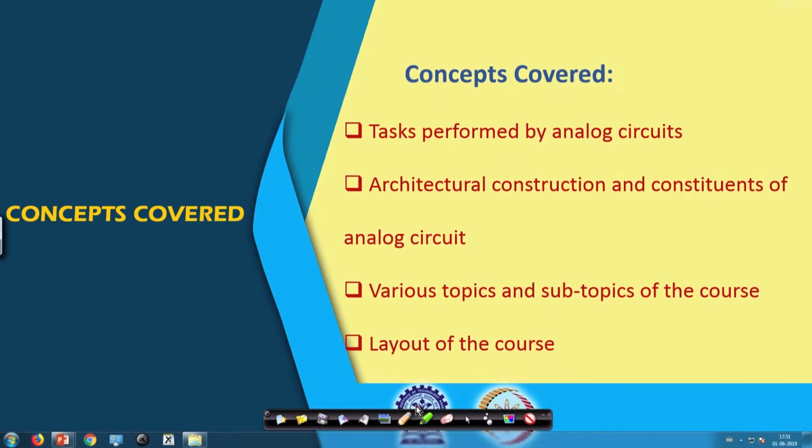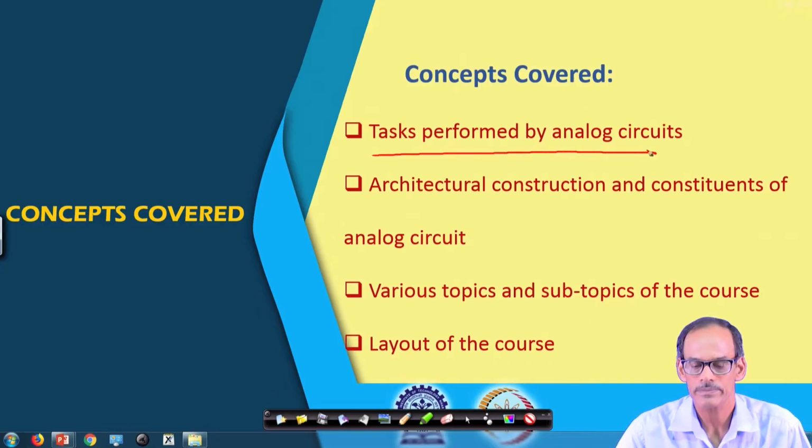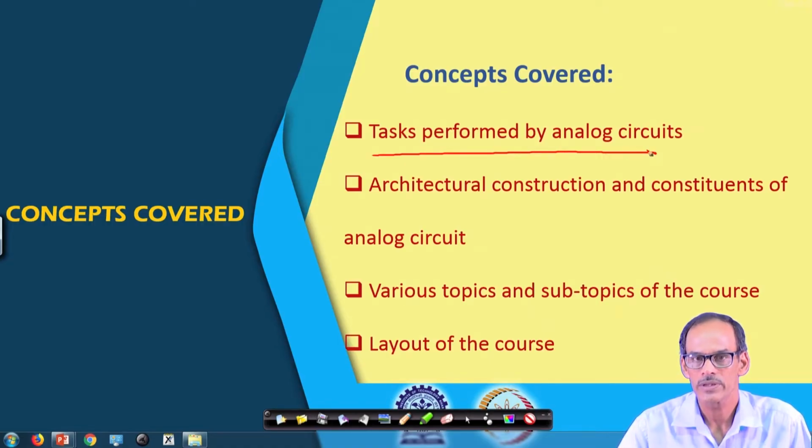So, the content of today's discussion will be what tasks are performed by one analog circuit, or typically analog circuits. That is the first thing we will see, and that probably will help us understand the importance of different subtopics.